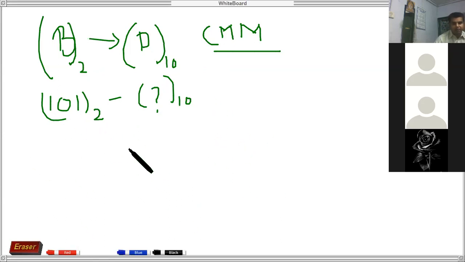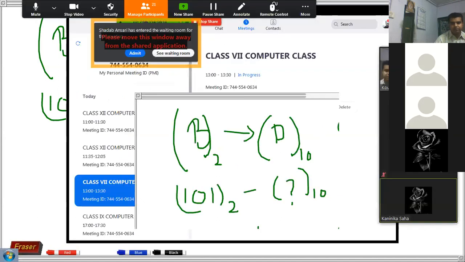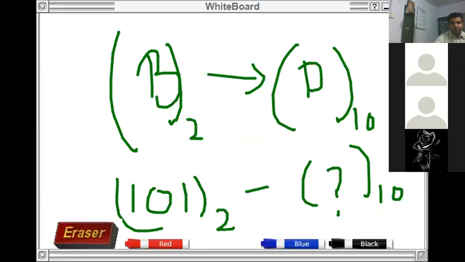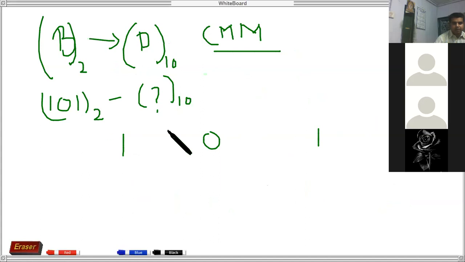Now see how we have to do it. This 101 we will write separately: 1, 0, and 1. This is step number 1. Step number 2. This one is the rightmost and this one is the leftmost. The right-hand side will have the smallest power.